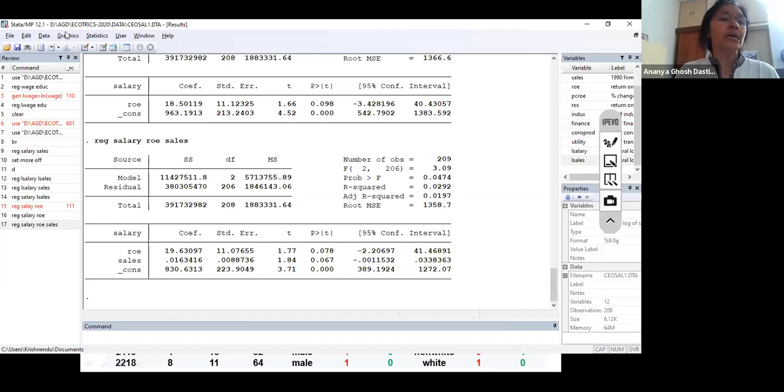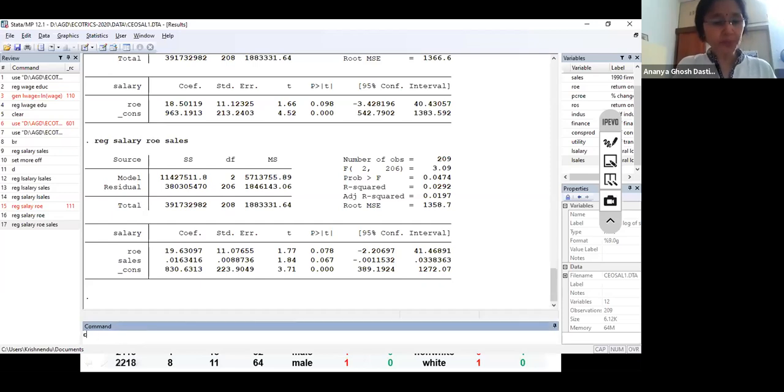All right. So now, once you have opened Stata, what can you do? You will have to get some data into Stata and then start running regressions. Now, the simplest way to do that is actually to copy and paste from Excel. So if you have the data in Excel format, all you need to do is copy the data from Excel and paste it to the Stata data editor.